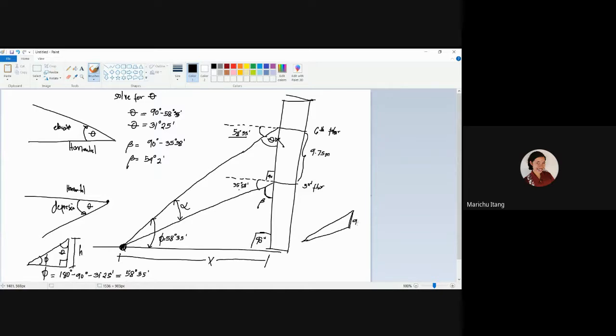So this is 9.75. This one is theta. This one is alpha. And this is 90 degrees plus 35 degrees 58 minutes. So we can solve alpha by 180 degrees minus theta, minus 90 degrees plus 35 degrees 58 minutes. What is the value of alpha?